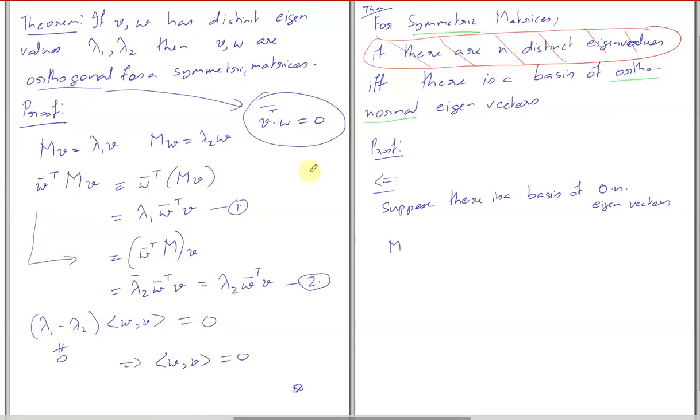Yes, sir. So now we are assuming that you have a matrix M which has an orthonormal basis of eigenvectors. Now what exactly does that mean? Then we can diagonalize M, right? It's a basis of eigenvectors, so M is diagonalizable.